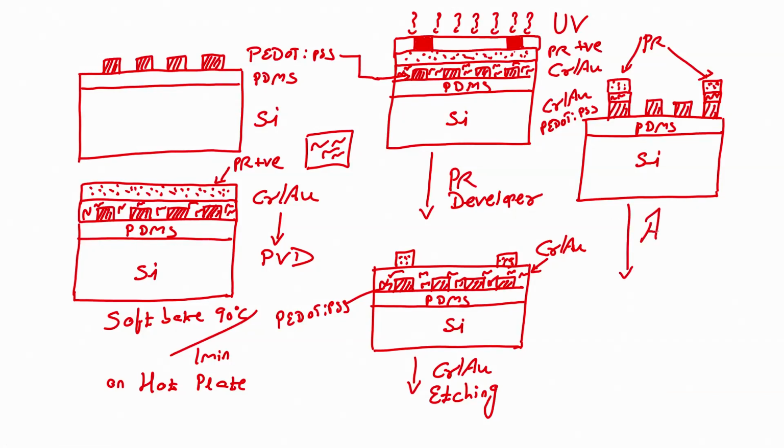Next step is the easiest step, right, easiest. Acetone dip, dip the wafer in acetone. Acetone is a stripper for your photoresist. When you dip the wafer in acetone, what will you have?